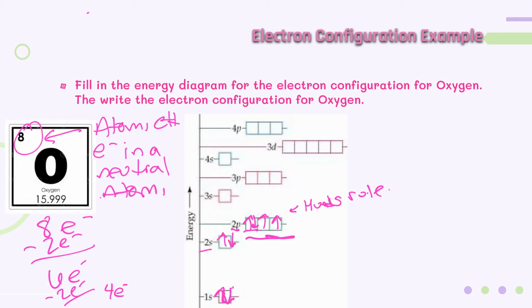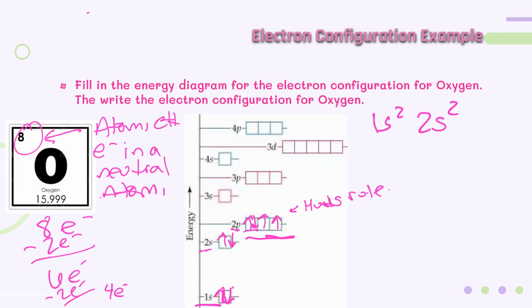So we filled in the energy diagram, now we need to write the electron configuration. I'm going to look here, I am at my 1s, and there's 2 electrons in the 1s. So I write 1s2. Then I go up to 2s, and 2, because there's 2 electrons in the 2s.